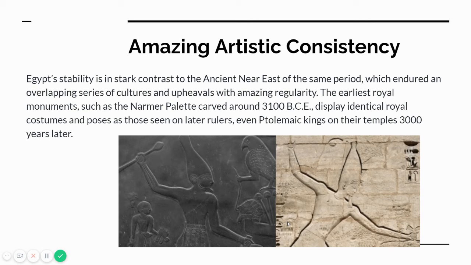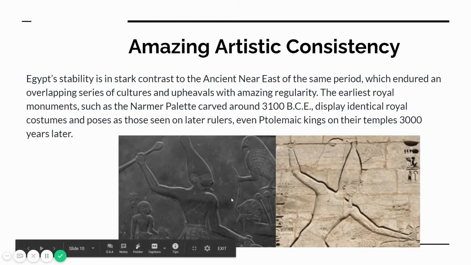Well, now we're talking about a long-running civilization where their values, their worship, and the symbols that represent it stay extremely consistent for over 3,000 years with very, very little change. And that is quite remarkable. I have images here that show this continuum.